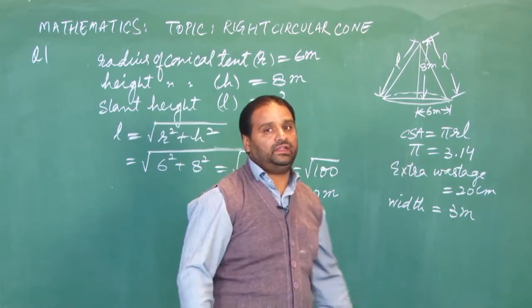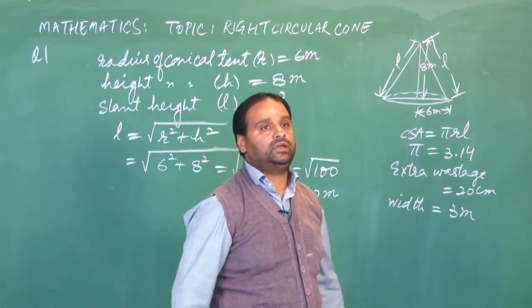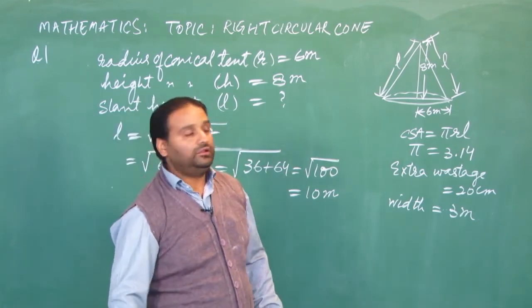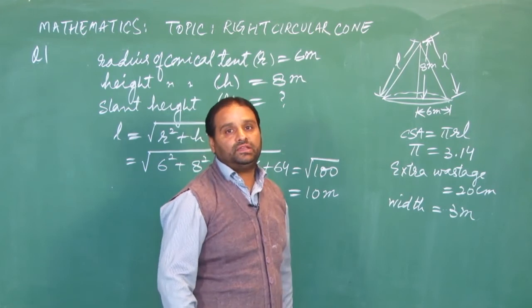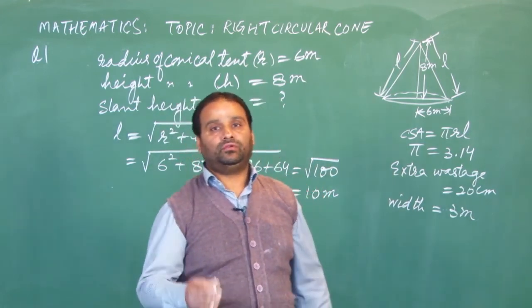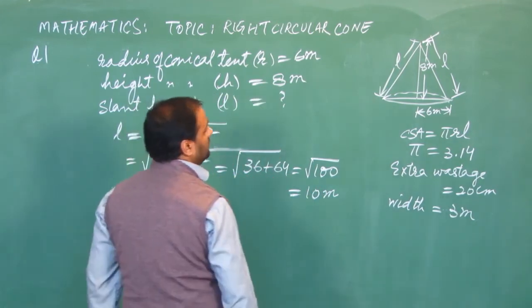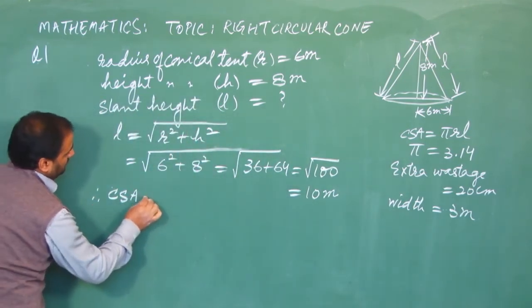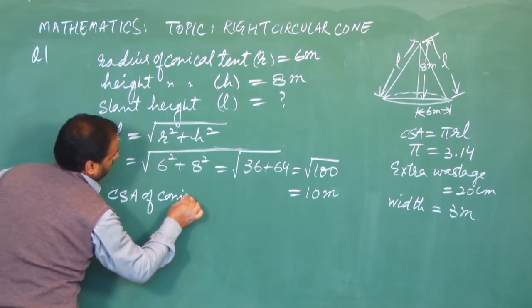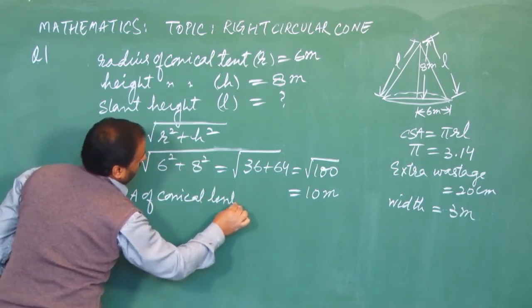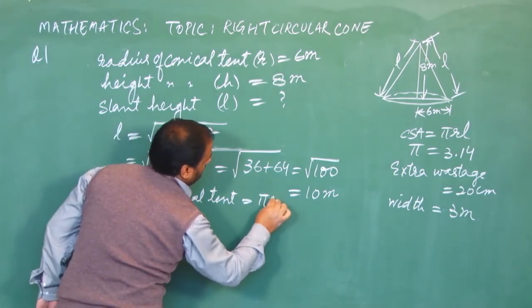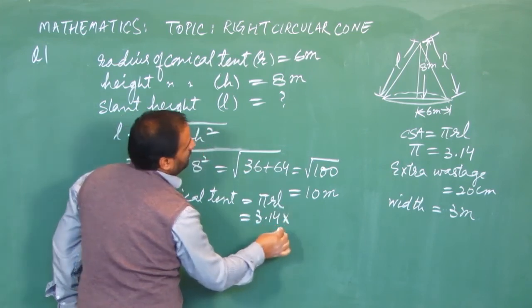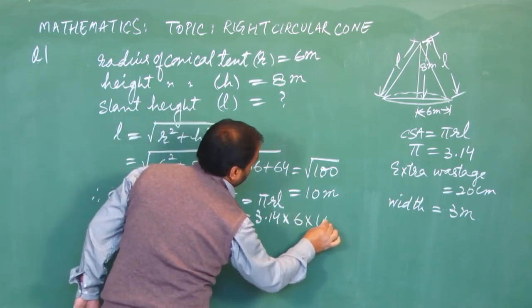Now, for making that tent, the canvas or the tarpaulin used is the curved surface area of the tent. Again, you must learn that for making the tent, the base of the cone is not taken into account, it is only curved surface area. So, the curved surface area of that conical tent is pi r L. Pi is to be taken as 3.14, r is 6 and L we found out is 10.